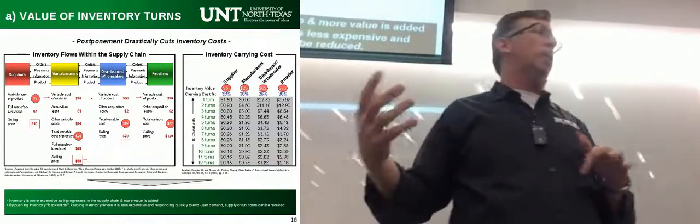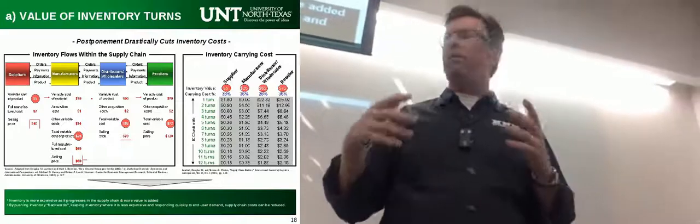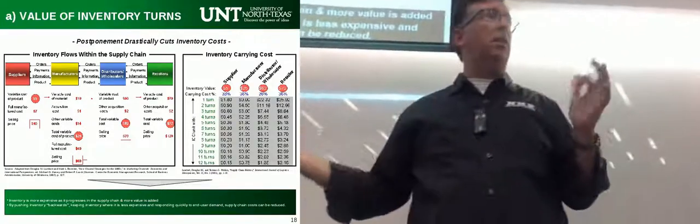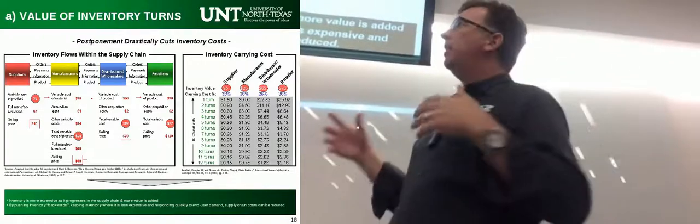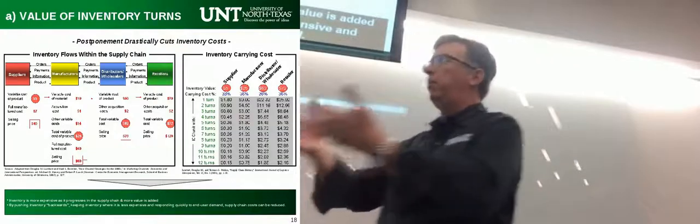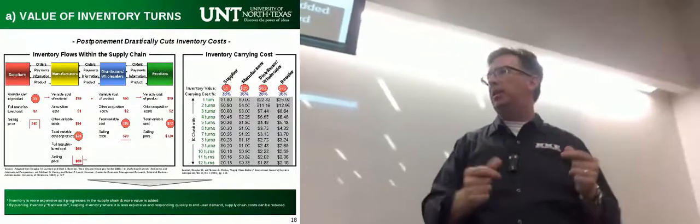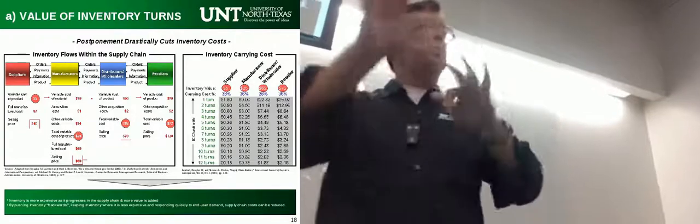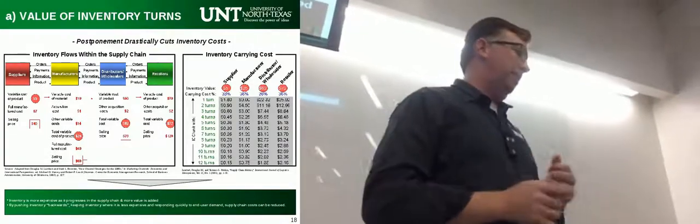That is a postponement strategy, right? If Home Depot had to hold all 57,000 cans and colors of paint, that'd be massively expensive for them. Versus if they're postponing that value add activity to the last possible moment, they can defer that carrying cost and respond to your needs as they happen.